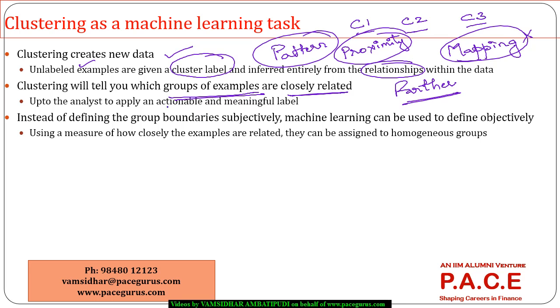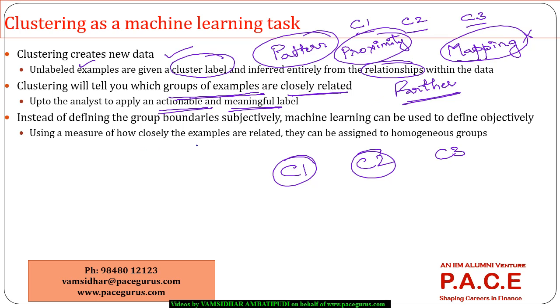Now, how do you analyze it? What kind of meaning do you give to it? What kind of action are you going to take with these clusters? How are you treating C1, C2, C3? For what purpose do you want to use C1, and what purpose do you want to use C2? All these things are purely up to the analyst.